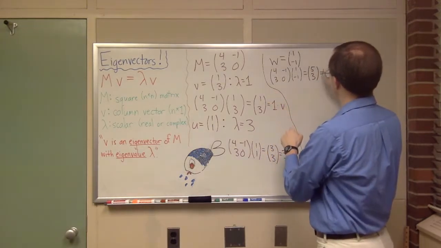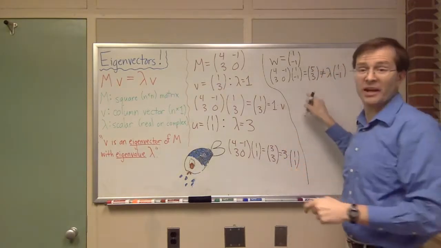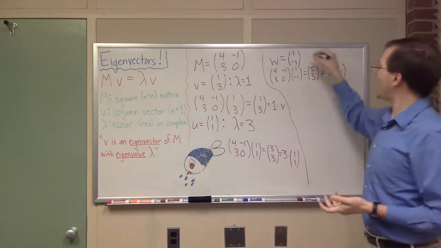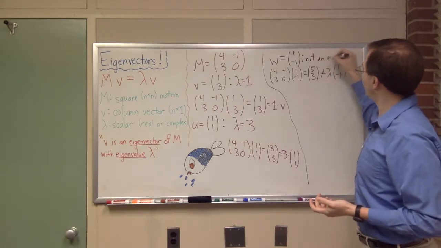And that's not equal to a number times 1, minus 1. If it were 5, minus 5 it would be, but here it's not. It doesn't fit that mold. So this is not an eigenvector.